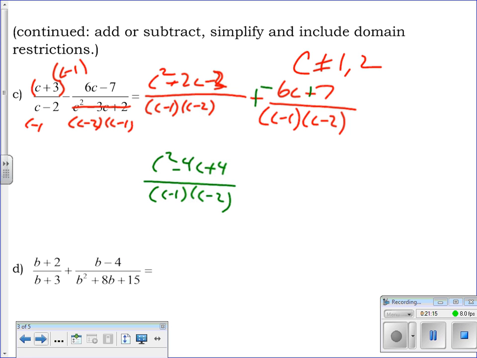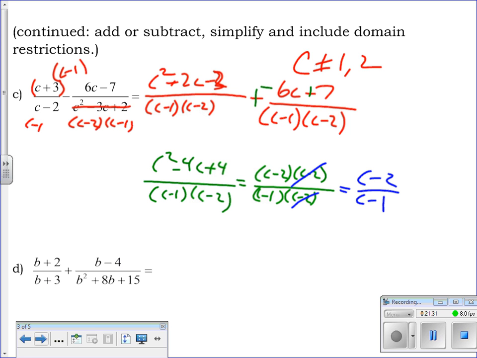So this factors into C minus 2 times C minus 2 over C minus 1 times C minus 2, which means I can reduce. C minus 2 over C minus 1 is my final answer.